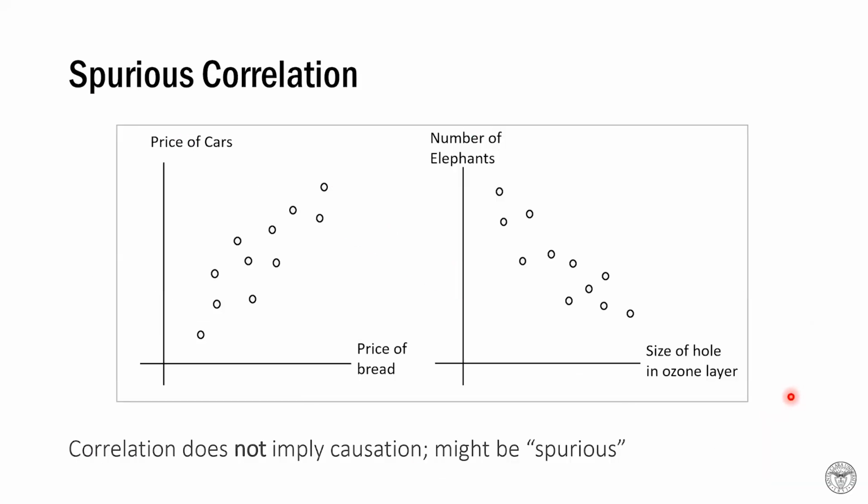However, we should be cautious about spurious correlation, or spuriousness, which occurs when 2 factors appear causally related to one another, but in fact, they are not. For example, the price of cars and the price of bread might have some type of correlation in data, but it's difficult for us to establish a relationship between these 2 variables.